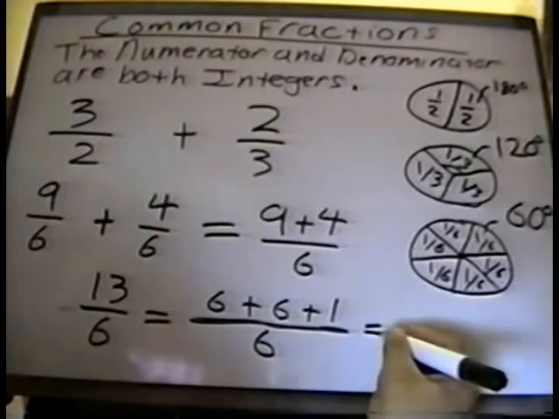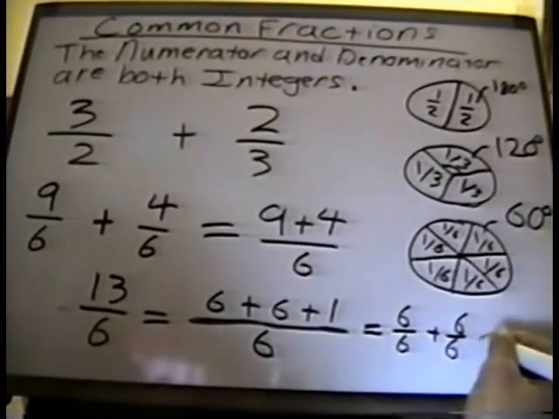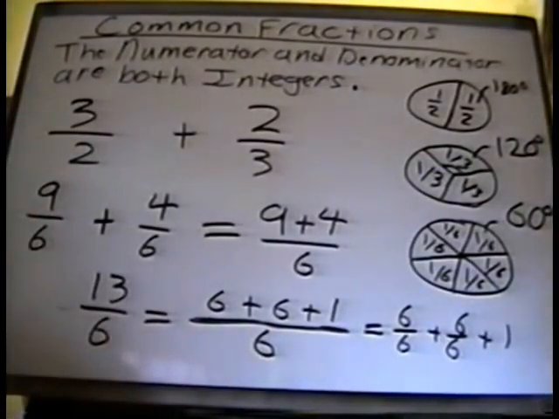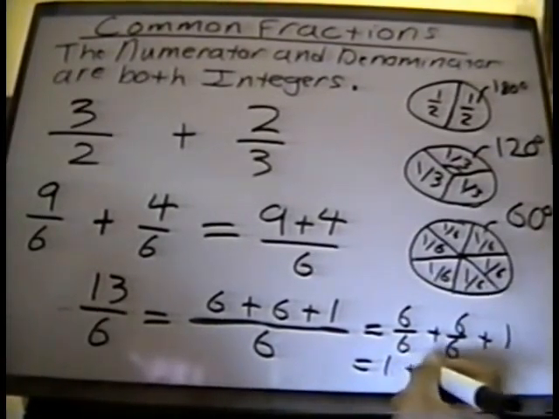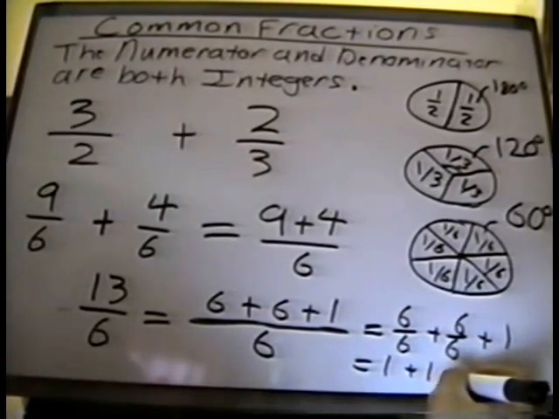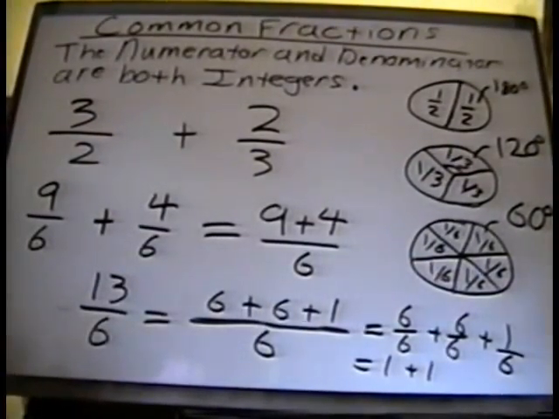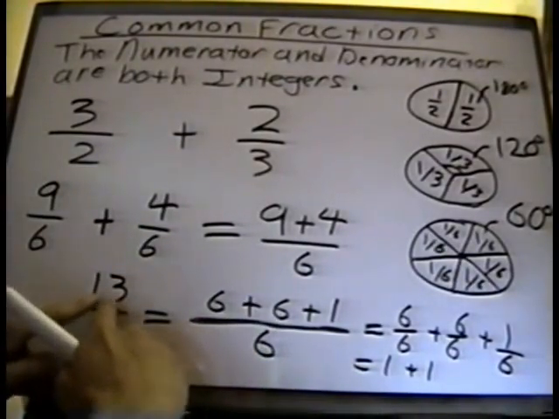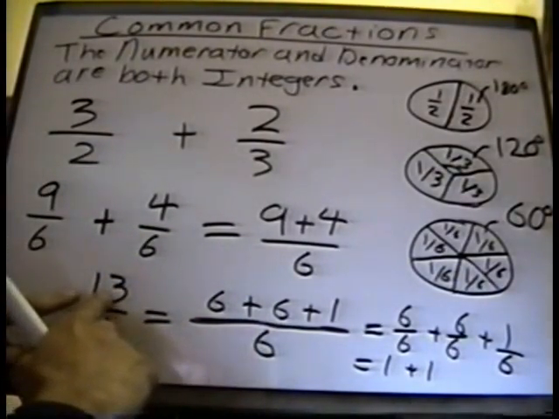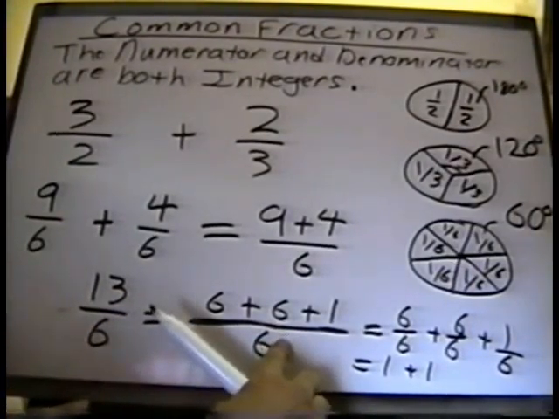Now that gives you 6 over 6 plus 6 over 6 plus 1 over 6. Made a mistake. After you take the step of breaking 13 into its summation parts, the denominator remains the same.